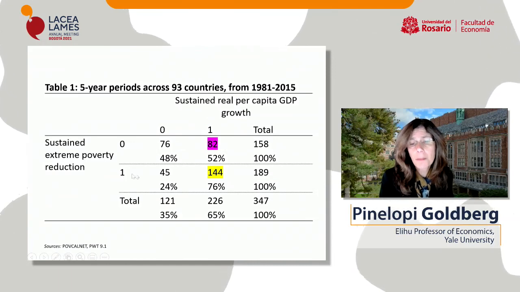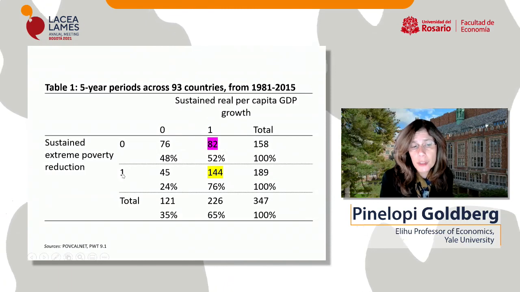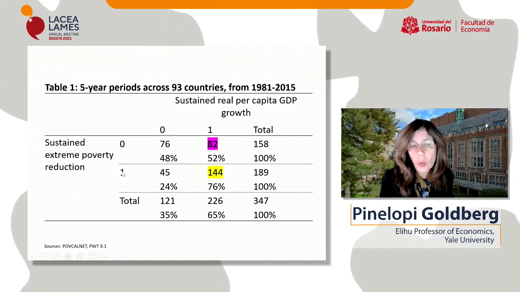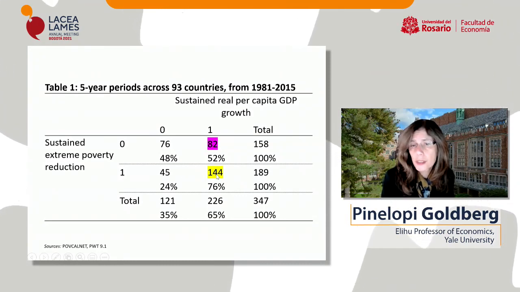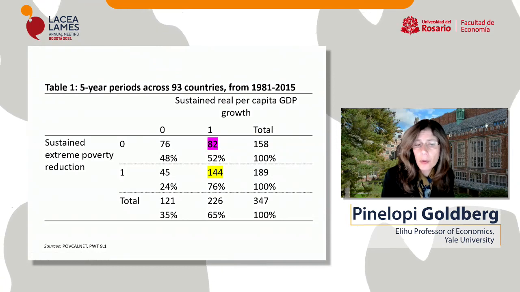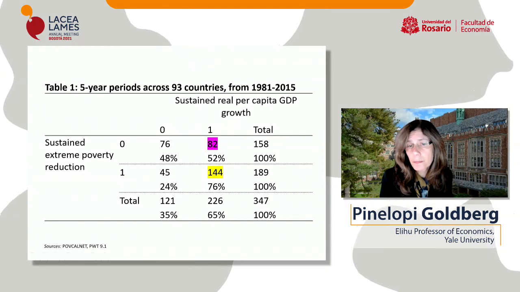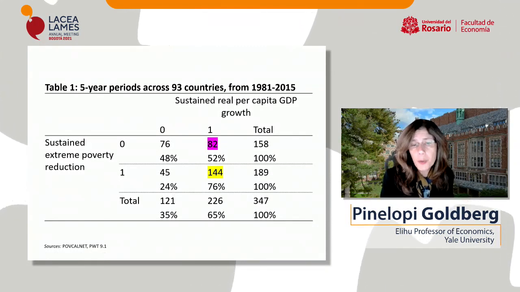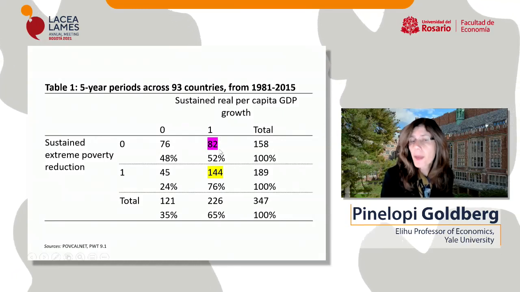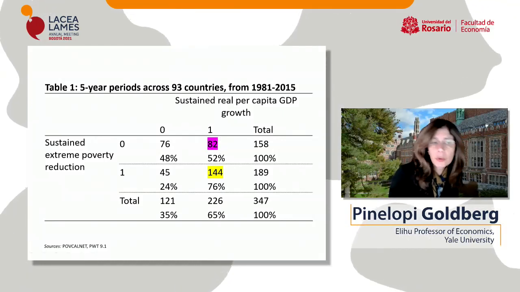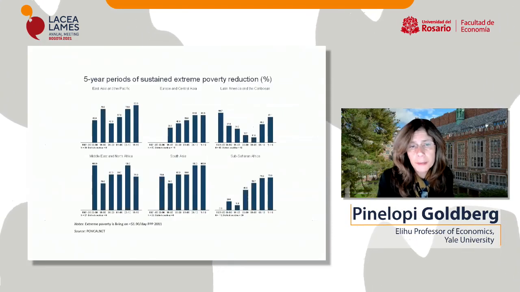If you look at the cases where we have sustained poverty reduction, this is the second row here. In 76% of these cases, we also have sustained growth. However, there are also 24% of cases where we don't have growth. And perhaps more importantly, you can see from this purple number here that we also have many instances where you do have growth, but you don't have sustained poverty reduction. So they're highly correlated, but they're not the same.